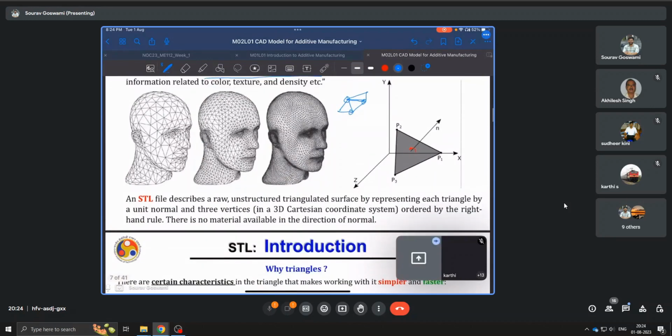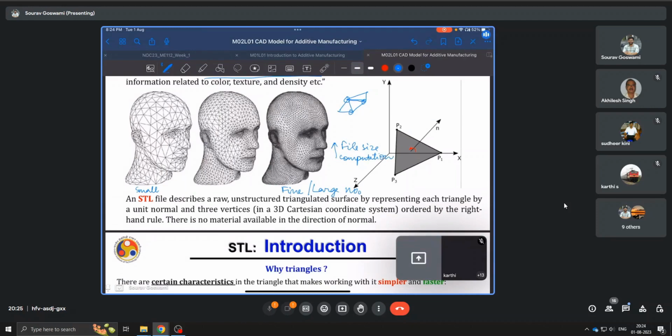As you see, to capture a geometrically intricate surface, you cannot do it with a small number of triangles. You have to opt for a larger number of smaller triangles. However, this will increase the file size and the computation.